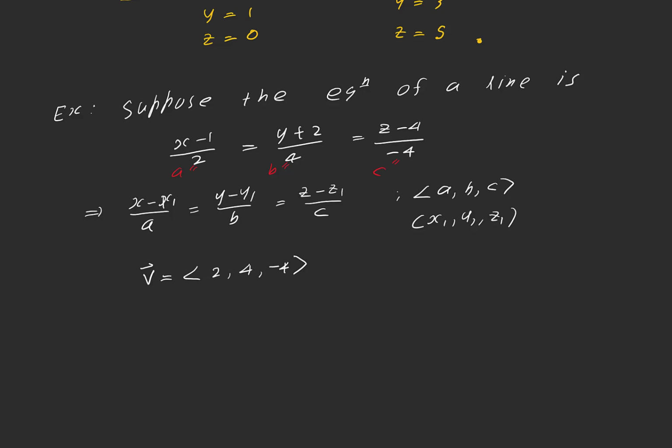So suppose this is line L, and we know L is parallel to vector v.